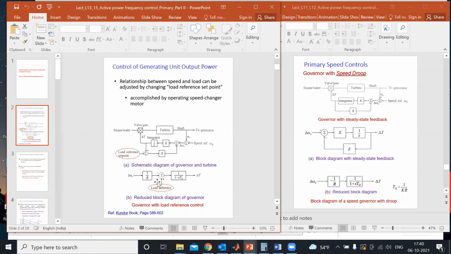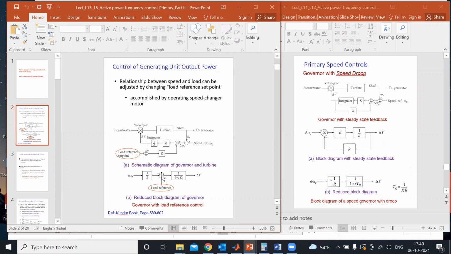So in a block diagram form, this is slightly modified. So we have it here. So this is the speed deviation, the droop, in fact the gain, and the load reference.